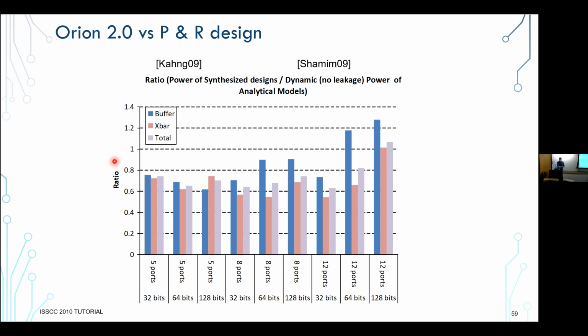And then as you use it several years later, the wiring becomes much more prominent, so repeaters, it doesn't do a good estimation of that, or of distributed logic, and you immediately have a problem pulling all that up to some higher level, right? But you see that for smaller routers, it tracks well. And once you get to bigger routers, you don't have a good estimate of the wiring, and you start getting reasonable errors there.